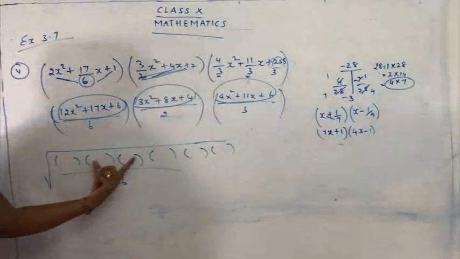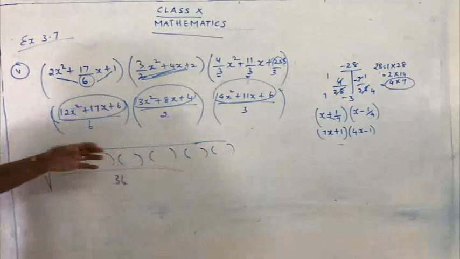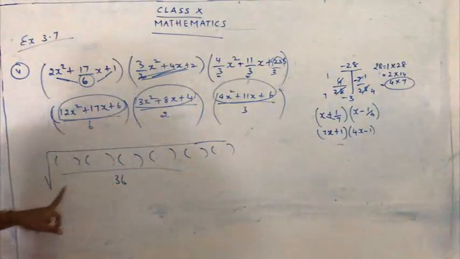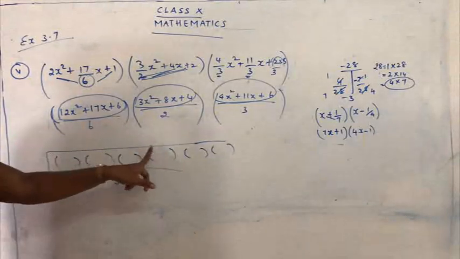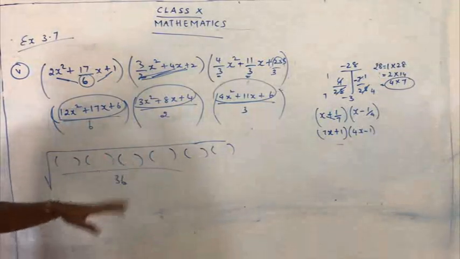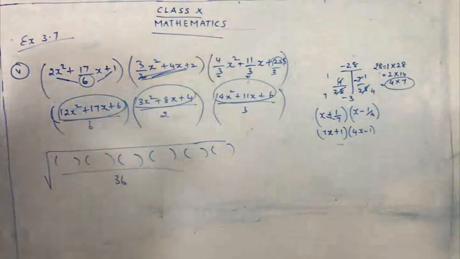So here 2 pairs will be same, again 2 pairs will be same, again 2 pairs will be same. So from 6 pairs, 3 pairs will come out. And what is the square root of 36? It is 6. So 1 upon 6. And write the variables, because you have the answer with the variables. So that will be under the modulus sign, and 1 upon 6 will be written out of the modulus sign.